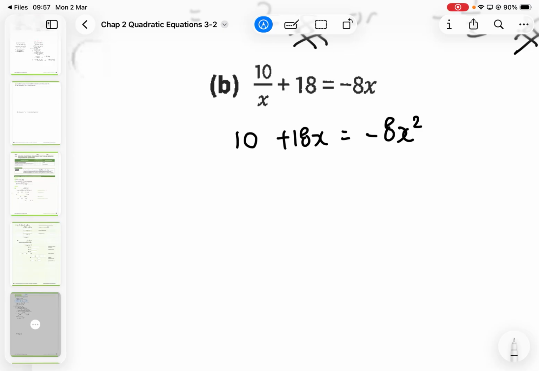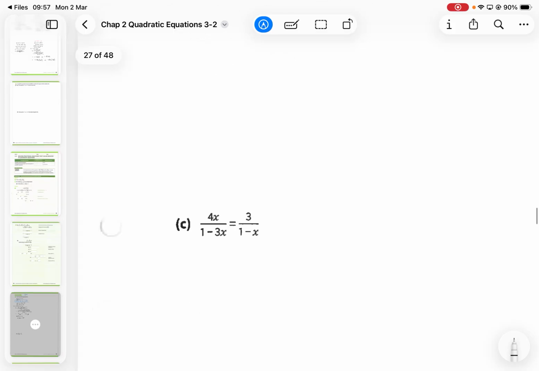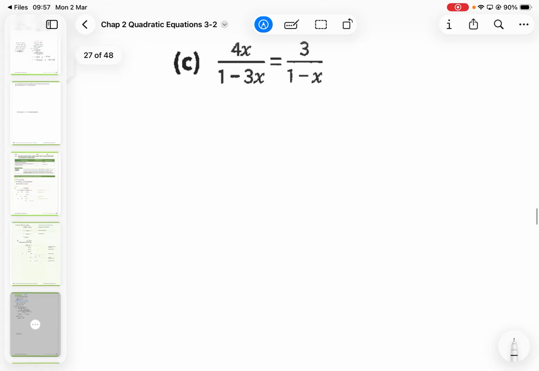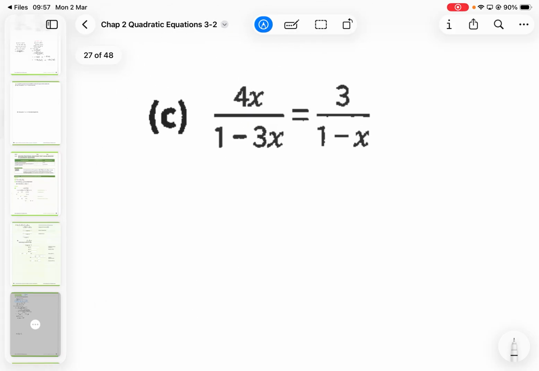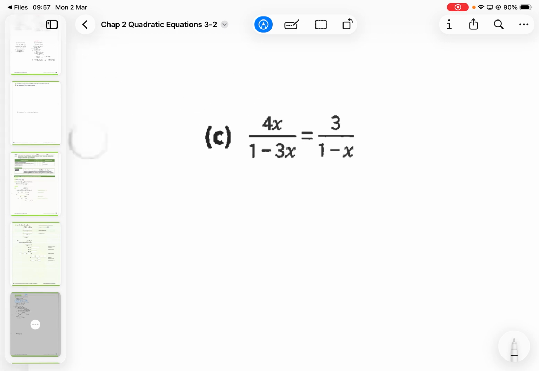Then from there you all continue. Put everything on one side, arrange x squared, x, number, identify your A, B, C, apply your formula. Try. Come, try. 3-4 minutes. Those who are faster, then you can go to part C. Part C, like what I always say, you have fraction, you have more than one term, your denominator got 1, got minus 3x.